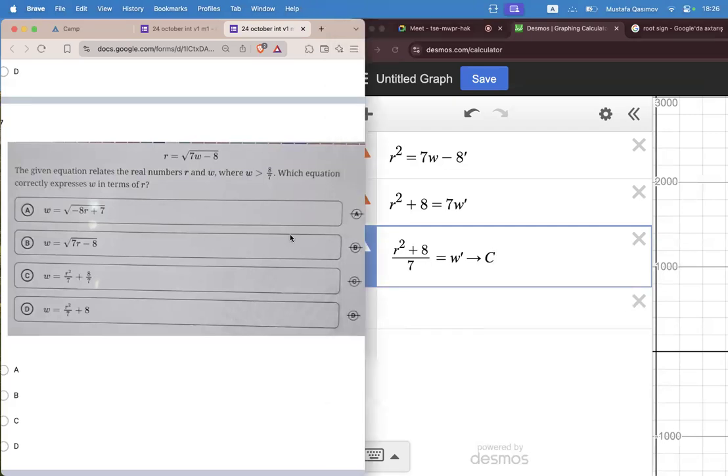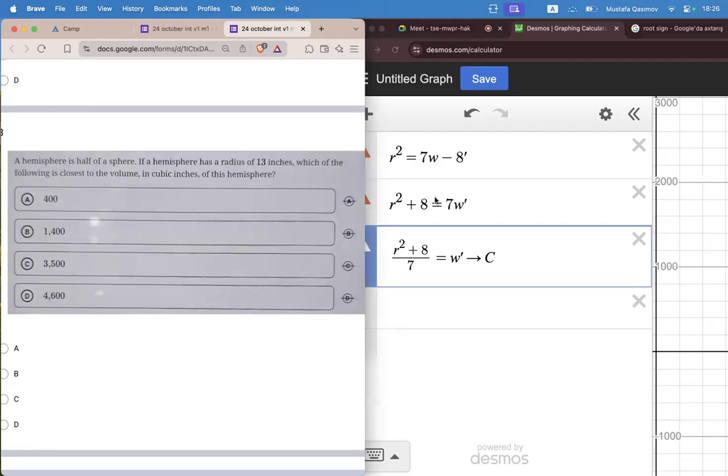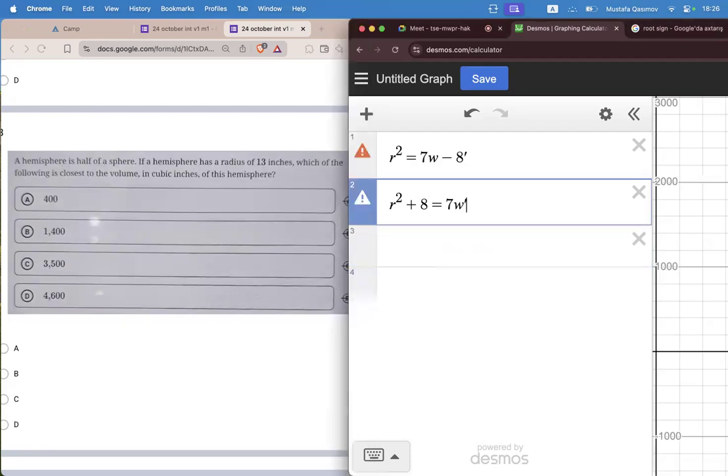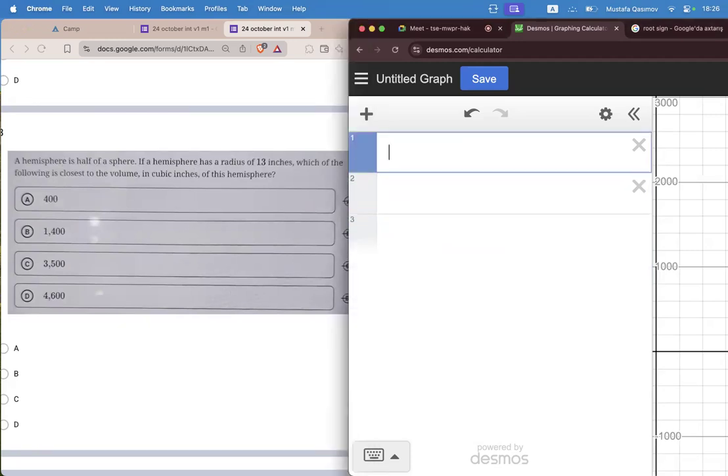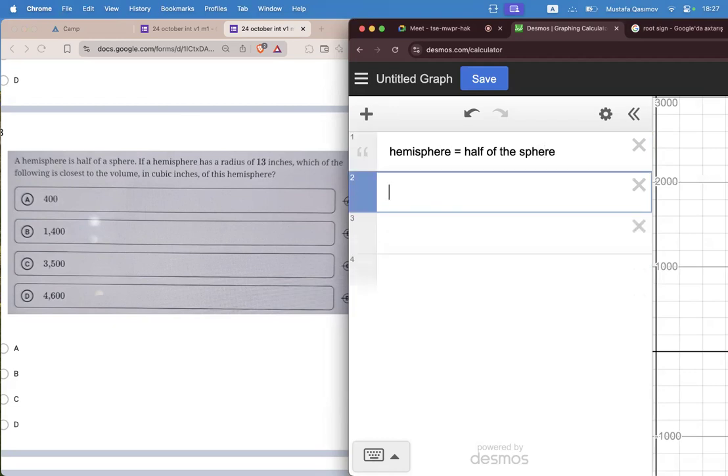Okay, let's continue. 8. Hemisphere. What's the meaning of hemisphere? It is half of a sphere. Let's write it here. Which of the following is closest to the volume in cubic inches of this hemisphere?